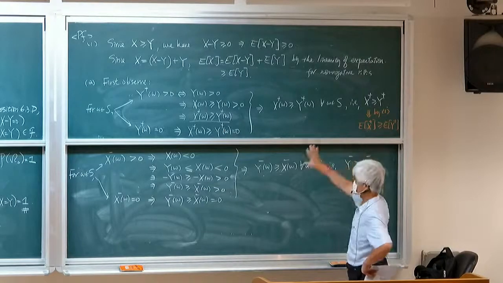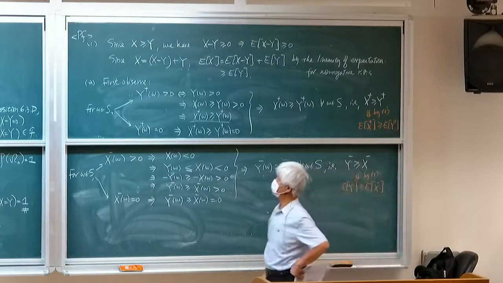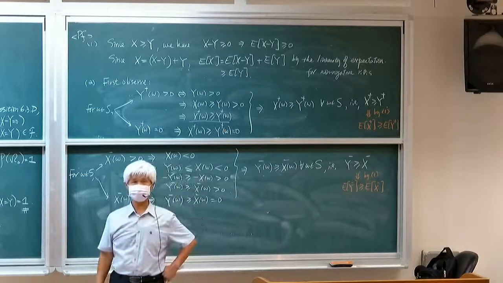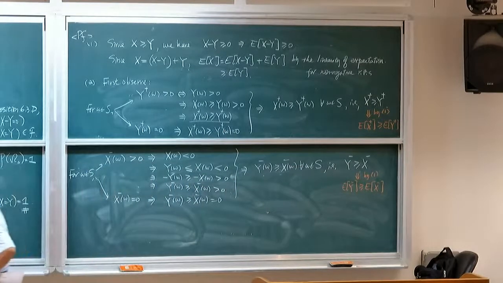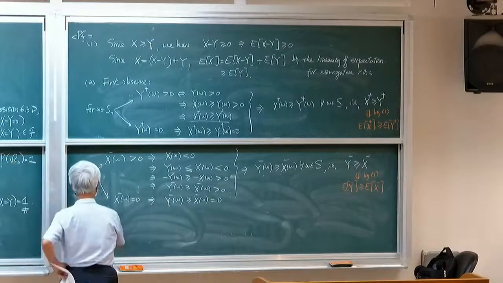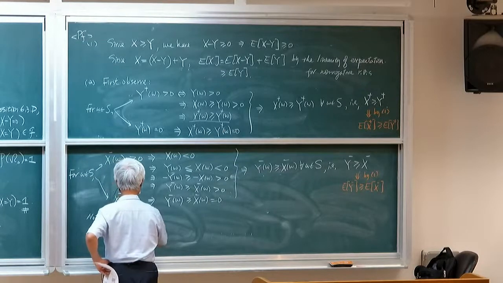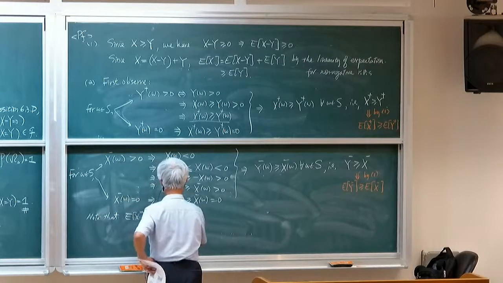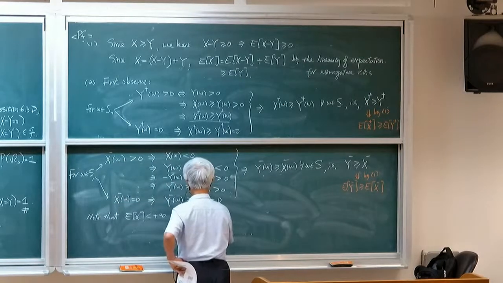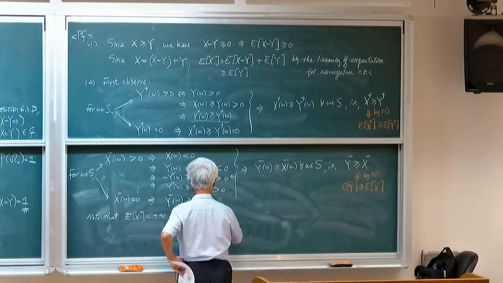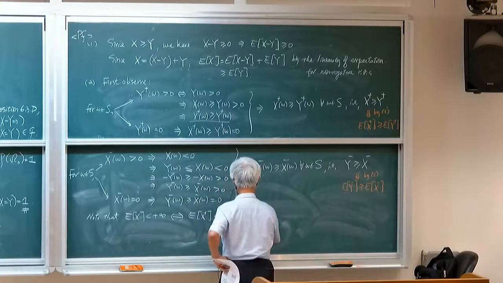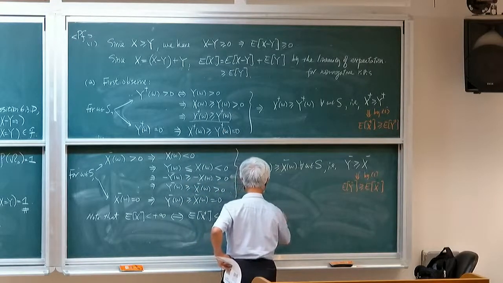Okay. So this is what we have. Now, we further assume that expectation of X is finite, and note that expectation of X is finite if and only if the expectation of the positive part is finite and the expectation of the negative part is finite.